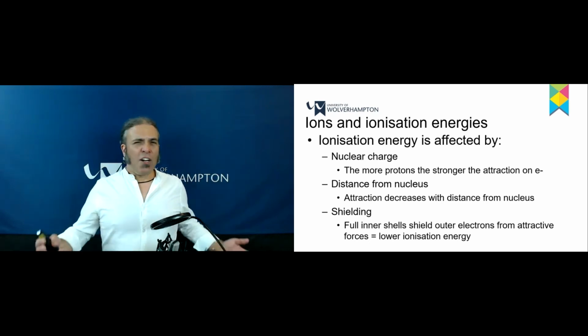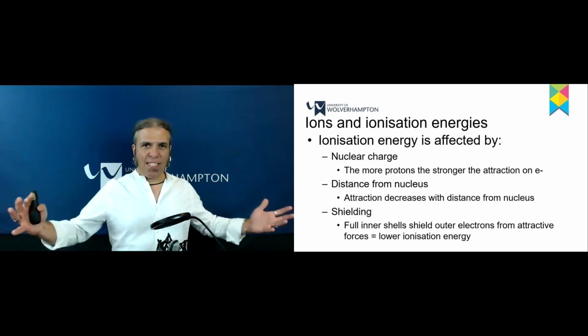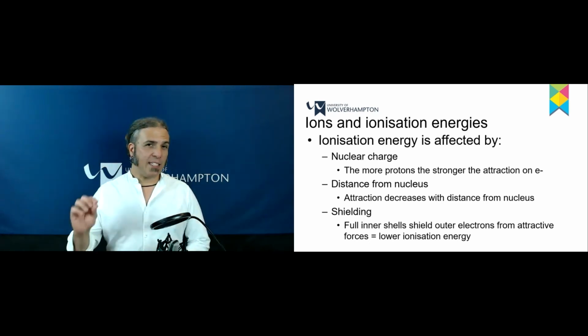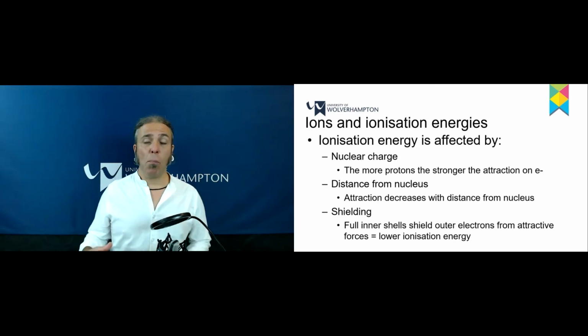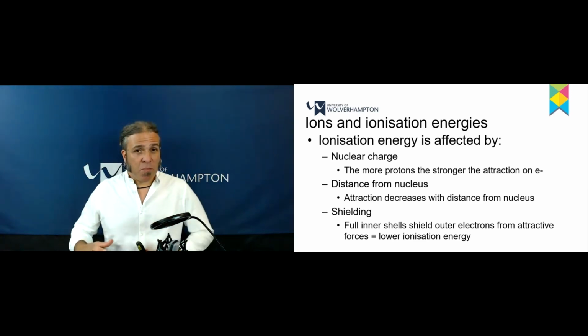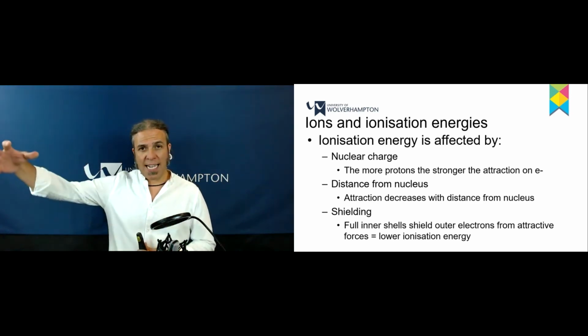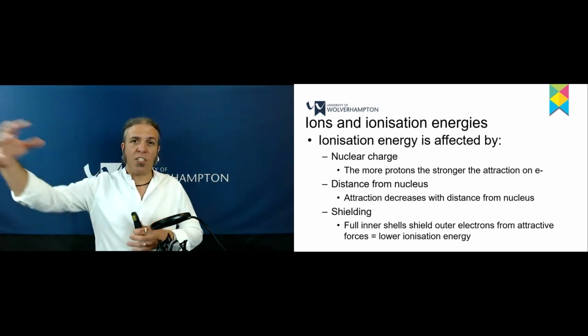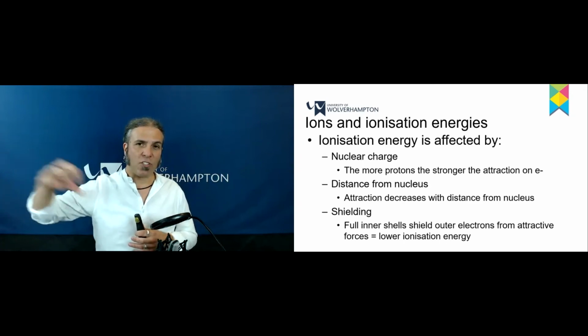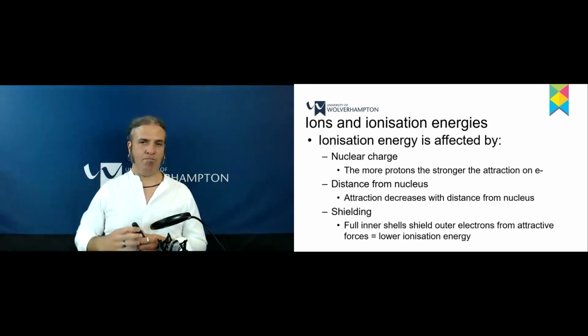So the ionisation energy that's needed to kick off these electrons is dependent on 3 things primarily. Firstly, the nuclear charge, because the more protons, the stronger the attraction from those positively charged particles to the negatively charged electrons. So it's more difficult to shed them.